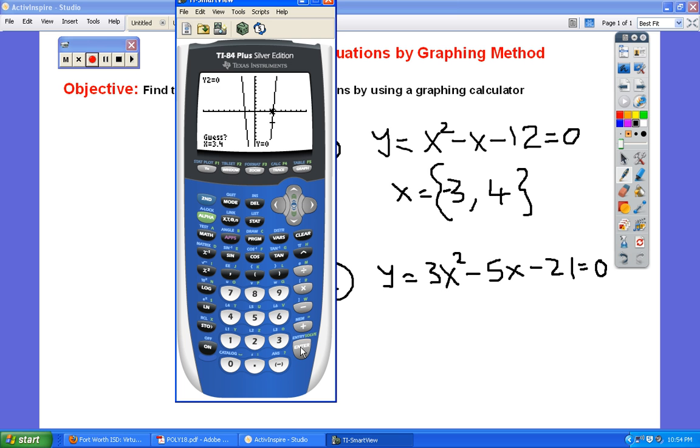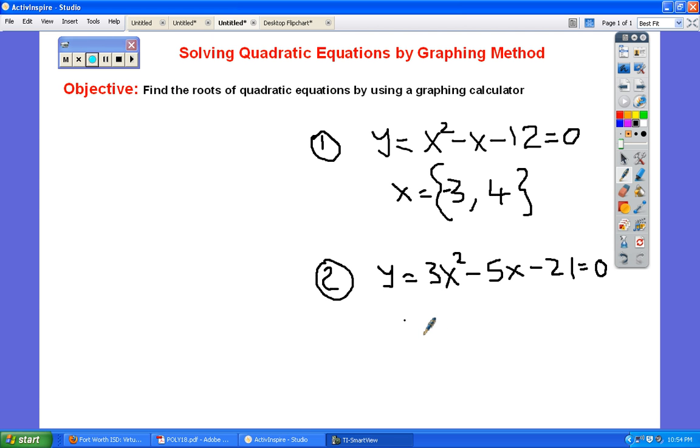Then it tells you that answer is 3.6. So in this case, x is -1.9 and 3.6.